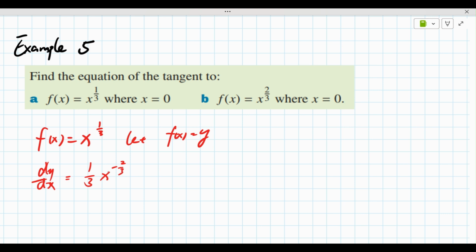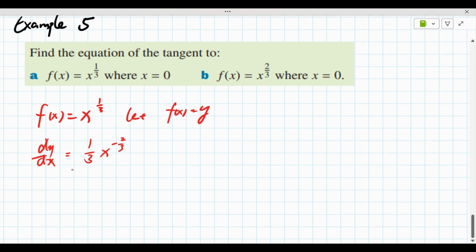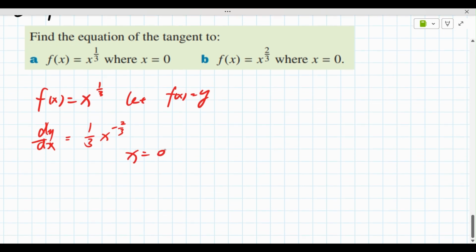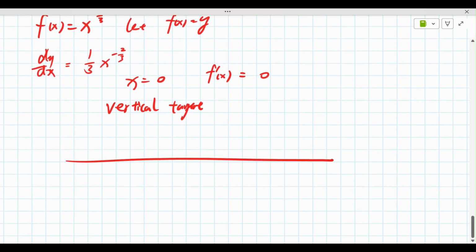When x equal to 0, f dash x is undefined, which is where the line has a vertical tangent. So the graph looks like that. Hopefully that makes sense.